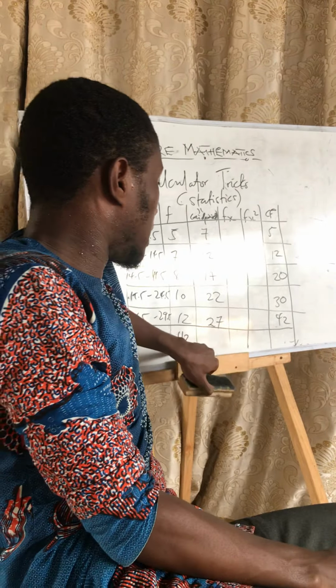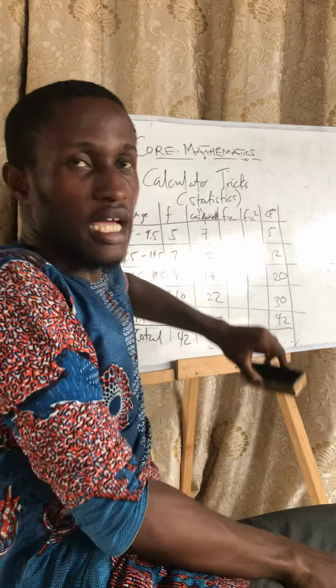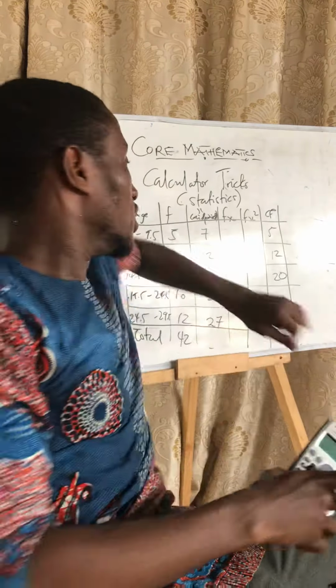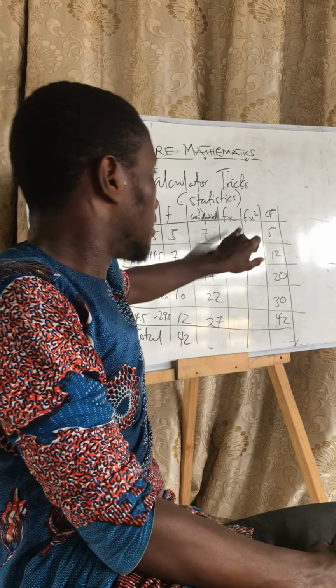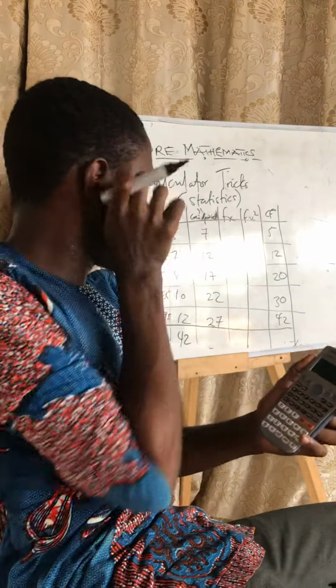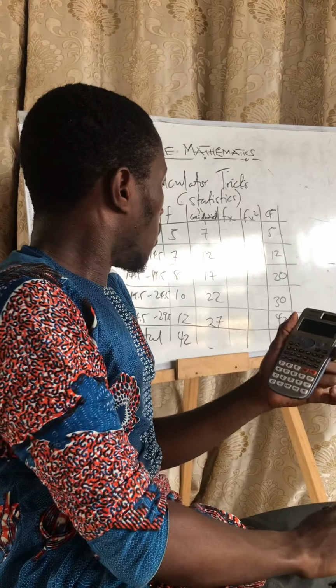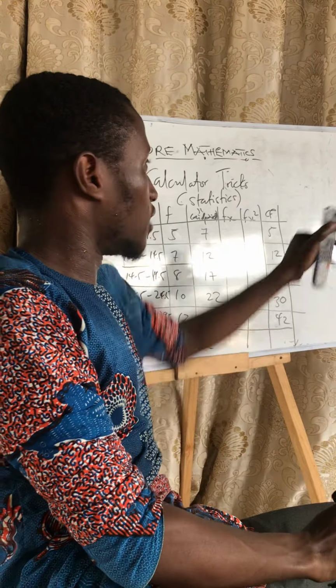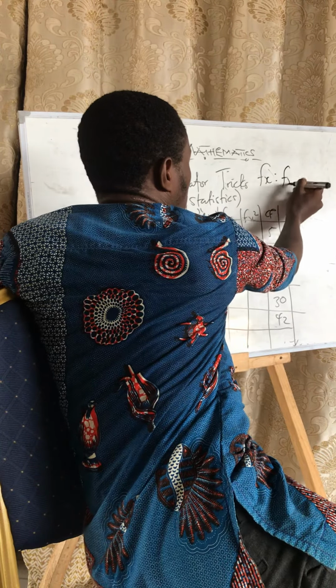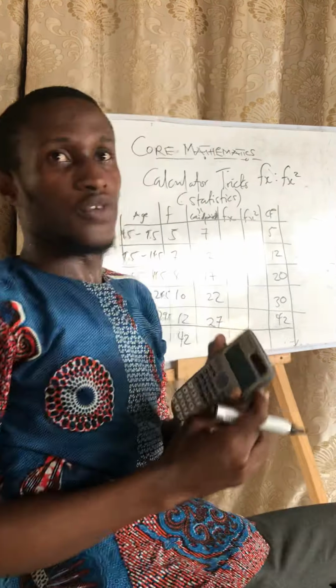So now that we are done with this and this, we are left with these two columns, and the calculator can help you fill in this column at a go. You don't need to fill them one by one. So there is a shortcut. Oh, I may have to clean a place, but I'll try and write here. On your calculator, you can write something like this, and then we start solving.